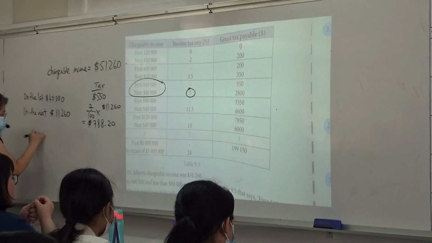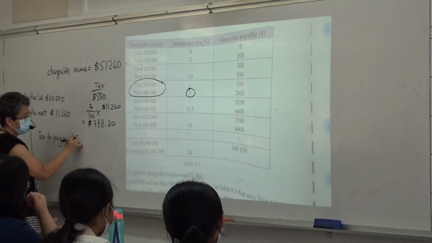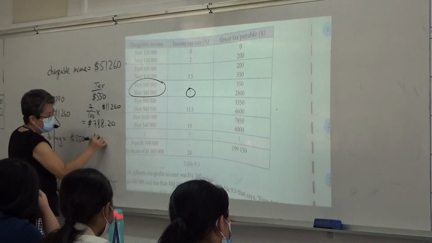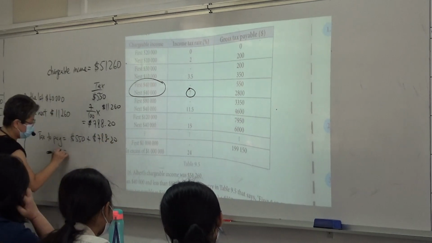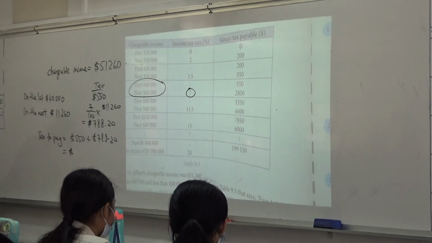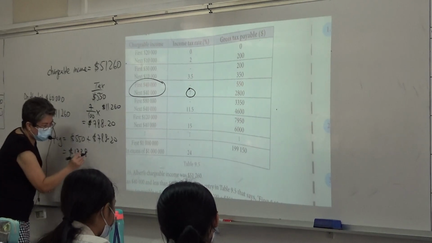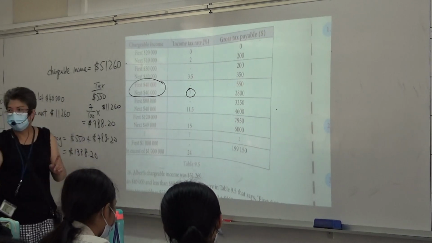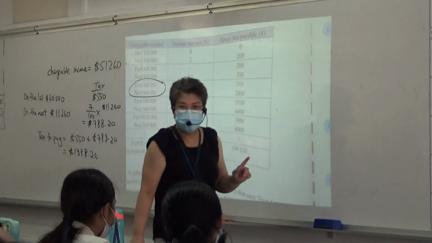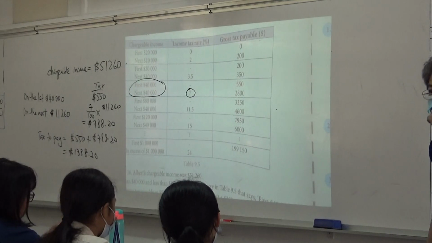So tax to pay will be 550 plus that. The answer is 1338.20, not 1338.12. Are we clear now? But we must know what column or what row to choose.